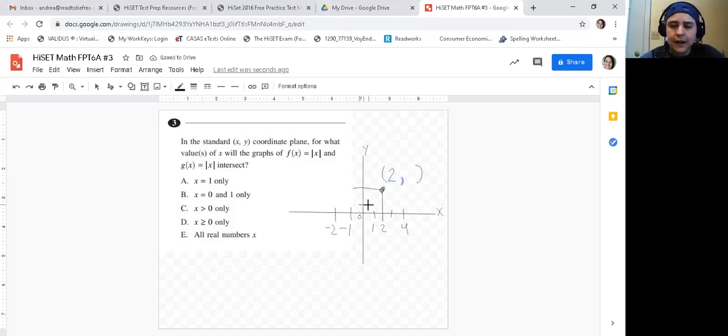So if I were to add some tick marks here on my y-axis as well, maybe this is 1, and maybe this mark here is 2, and then maybe where the point is located here, maybe that's 3. +1, +2, +3. Again, the y-axis also extends in the negative direction.